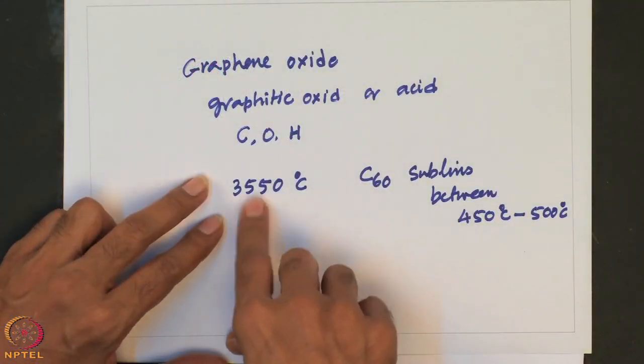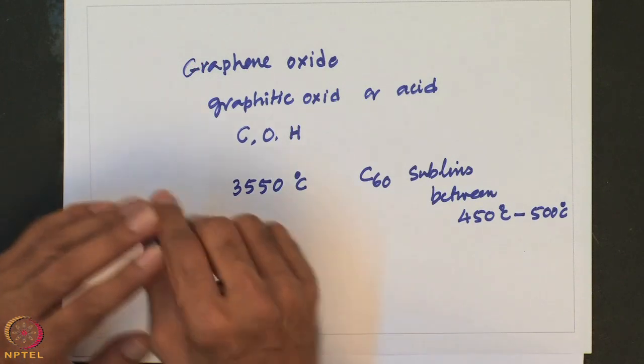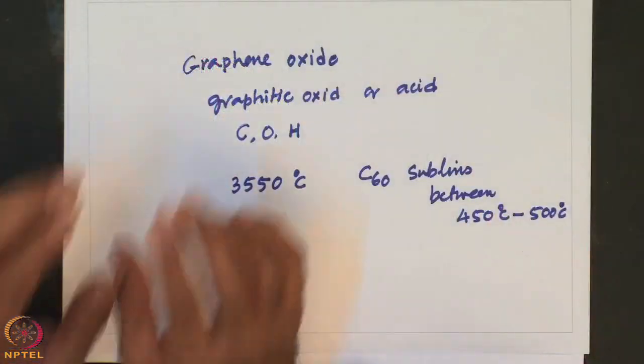So, that means here one should remember what is the meaning of melting point. In case of graphite or diamond, melting point means the cleavage of all the bonds associated with diamond. So, that means we have to strip off all the carbon and we have to take individual carbon atoms.